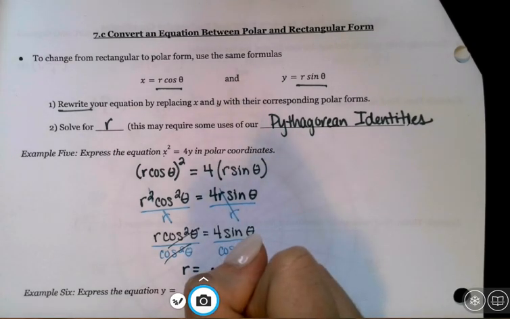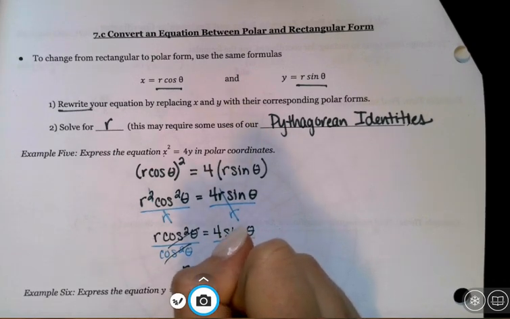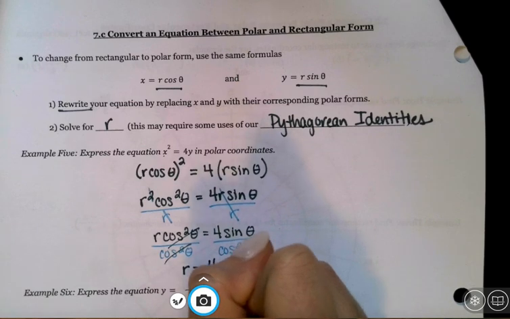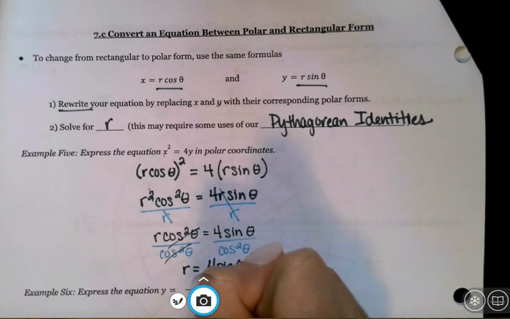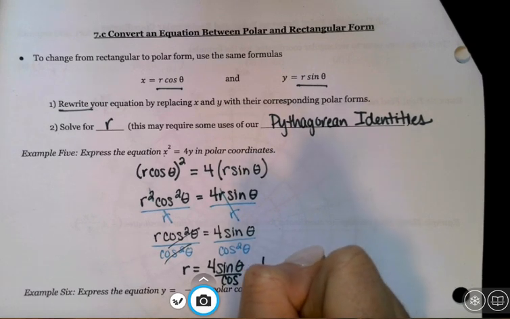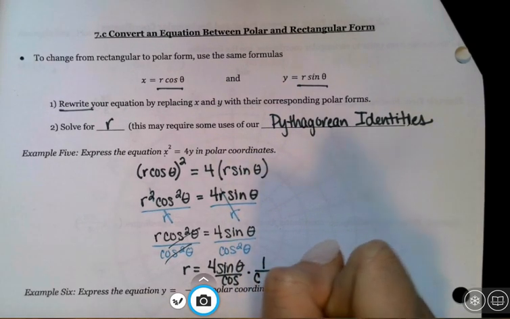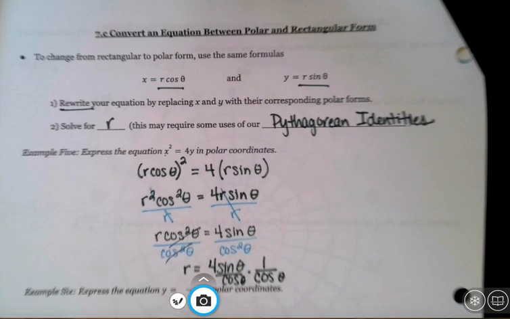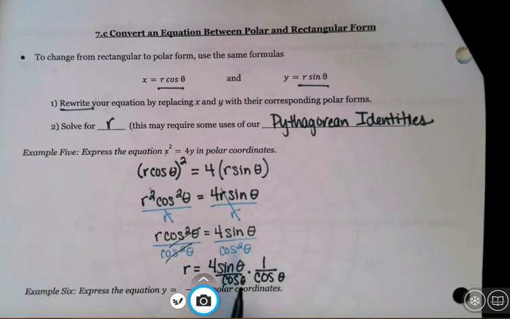And down here, I'm going to write it as 4 sine of theta over cosine theta times 1 over cosine theta. Forgot my thetas there. Because if I have 2 cosines, that's cosine squared, I can split it into one of each, and I put a multiplication sign in between.